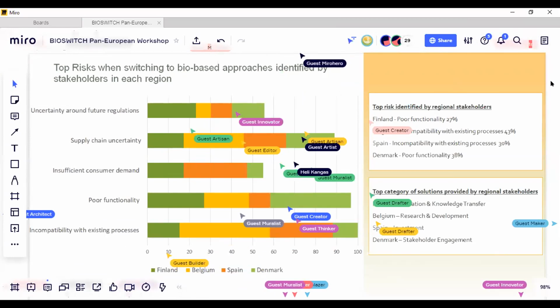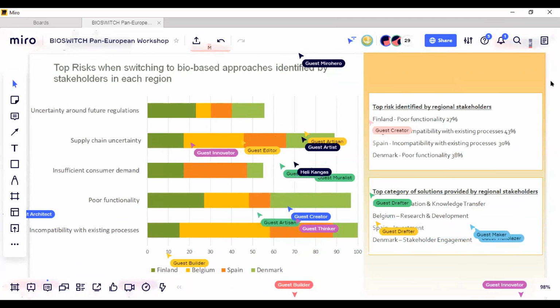So the main risks, according to the regional stakeholders in Finland, Belgium, Spain, and Denmark, align with these results, indicating a concern over the challenges associated with a seamless transition to bio-based alternatives.